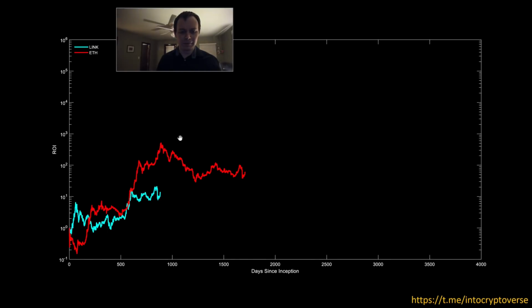This was the bull market. This is Link's return on investment during a cryptocurrency asset class bear market. And we haven't even seen nearly as significant moves as Ethereum has. And again, it's almost just a waiting game. Obviously, there's risk in anything.